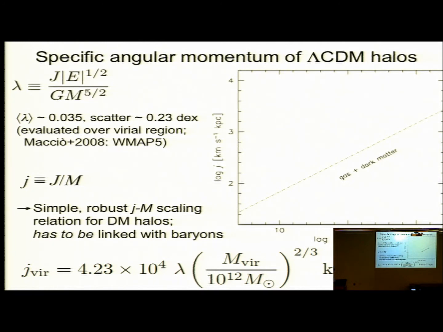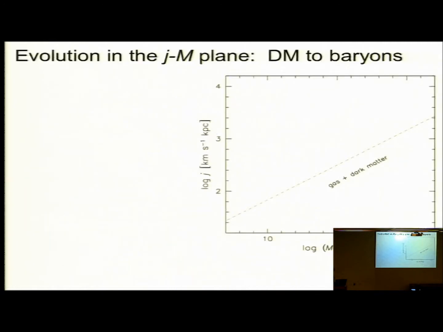This is what we know from theory. This is not something that's changed in decades. So whatever galaxies we see today have to be linked back to this basic relation by some processes that evolve galaxies in this plane.